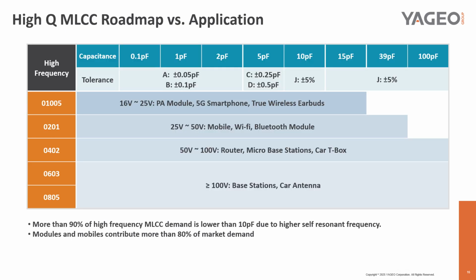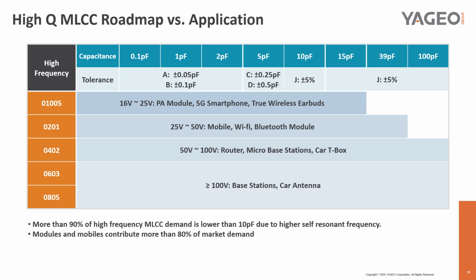Looking at the HiQ MLCC roadmap, the case size actually denotes what application these are typically going to be used in. So for the 01005, which is extremely small, these are used in smartphones, true wireless earbuds, and PA modules.